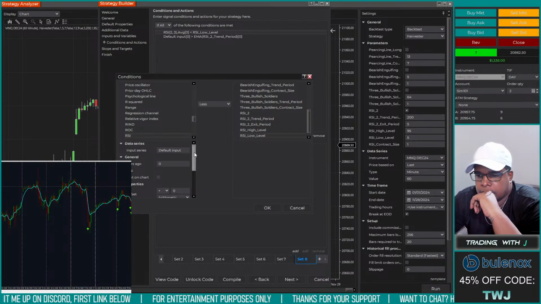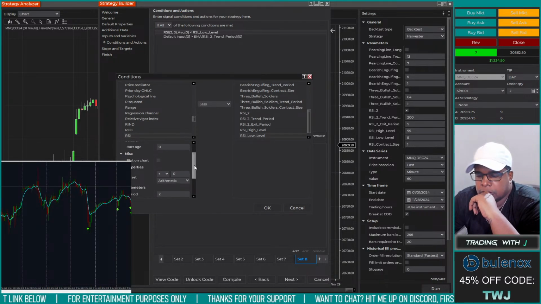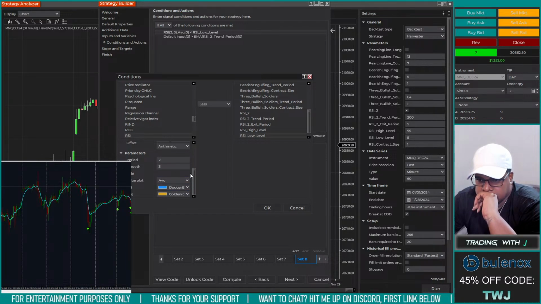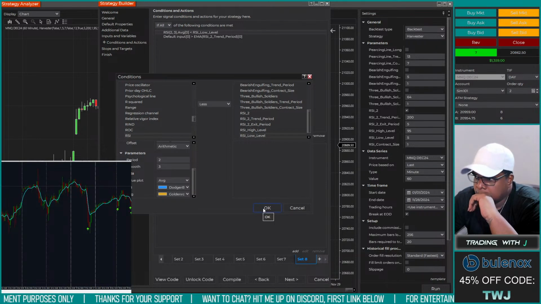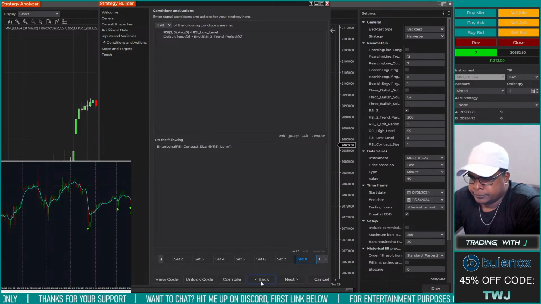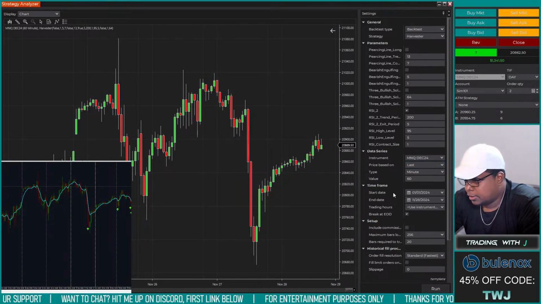RSI, close. Wait, I don't get it. Somewhere there is an issue. 60-minute time frame, 200.